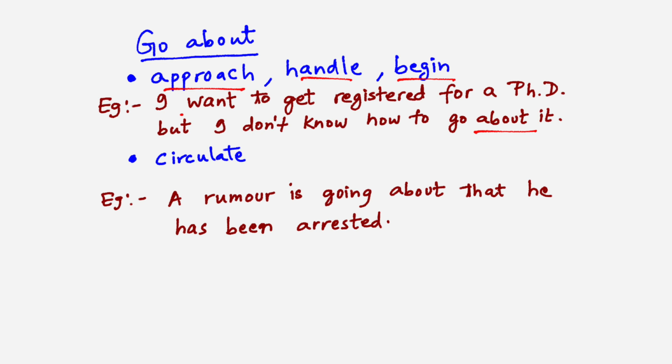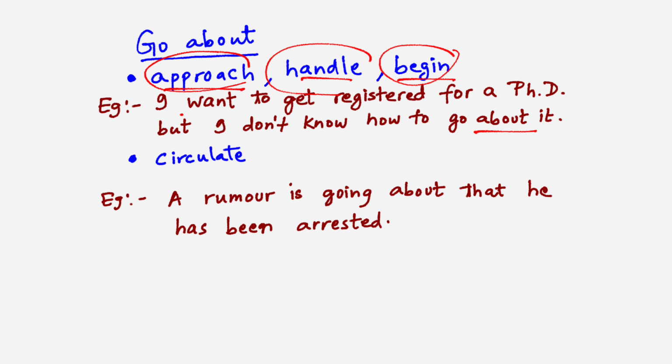So the sentence says that I want to get registered for a PhD. I want to get admission in PhD, but I don't know what to do. So instead of saying I don't know what to do, you can always say I don't know how to go about it. It means how to begin it, or how to approach it, or how to handle this situation.